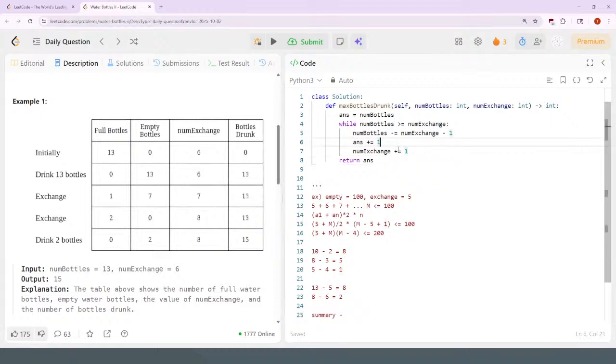Well, incrementing 1 each time here. Incrementing 1 each time. Well, num bottles greater than or equal to num exchange, num bottles decrements.